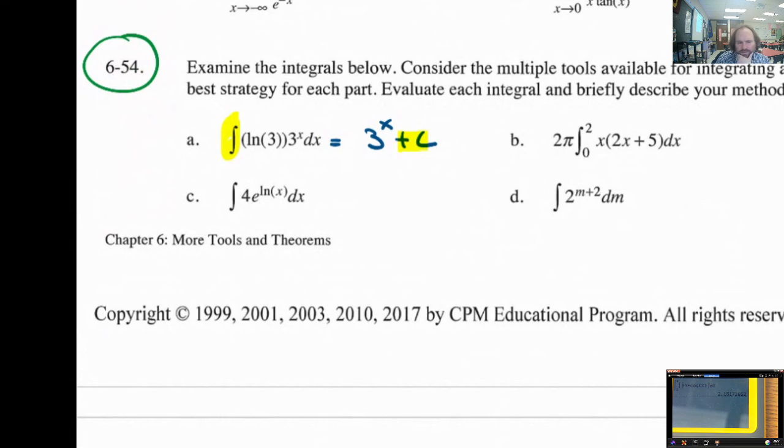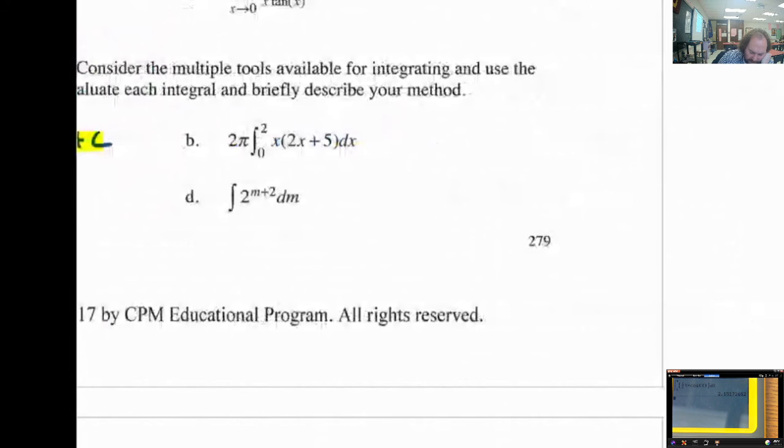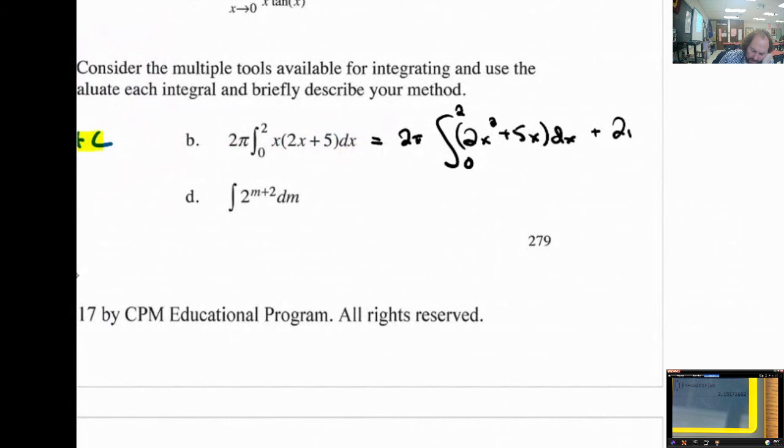Question B, let's see. We are evaluating this integral. You can do this one by hand pretty well, so let's do that. Let's leave 2 pi out of it for now, and let's simplify things a little bit. Let's go ahead and distribute that x. We'll have 2x squared plus 5x times dx. We'll leave 2 pi off to the side.